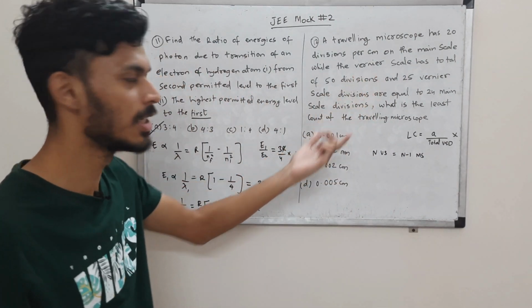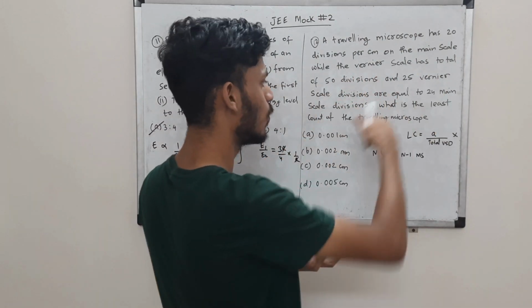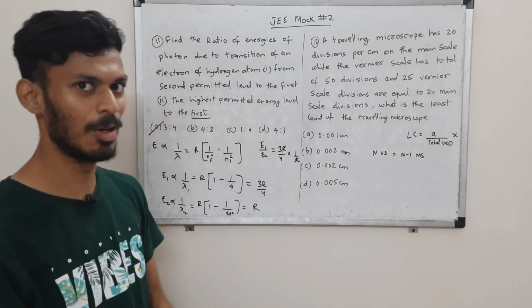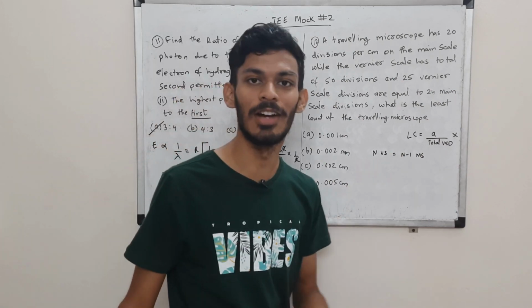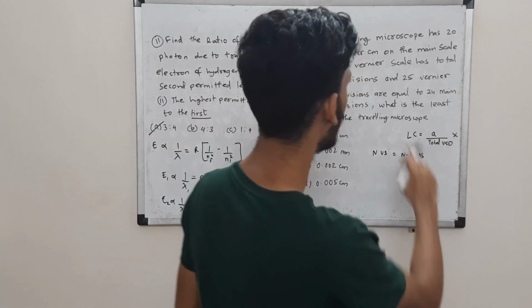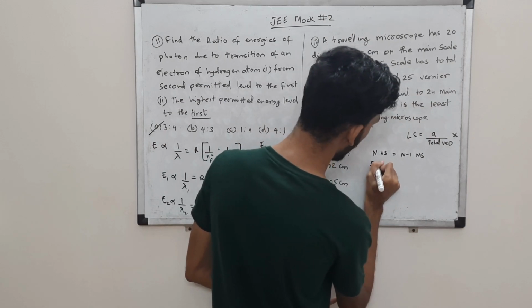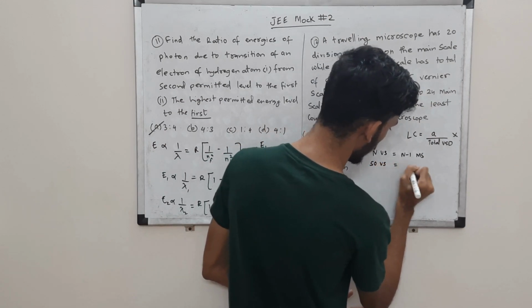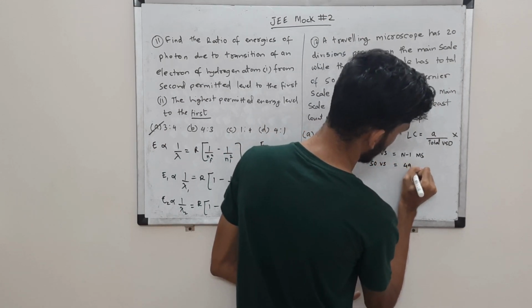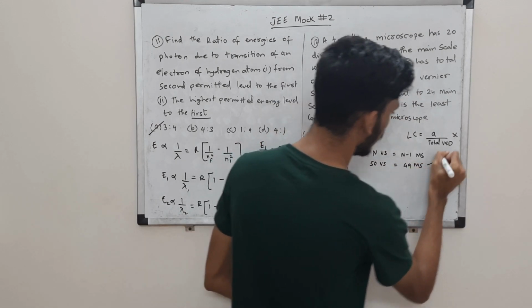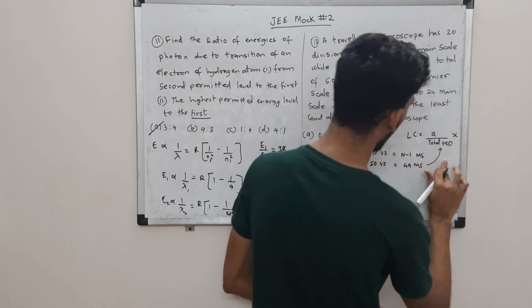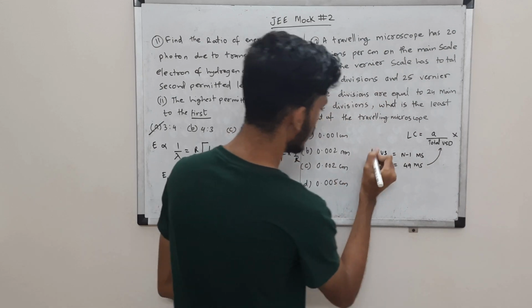But this n should be the final division of your vernier scale. So in this case, it should have been 50 vernier scale divisions equal to 49 main scale divisions. Only then can you apply this formula. Otherwise, you can't.